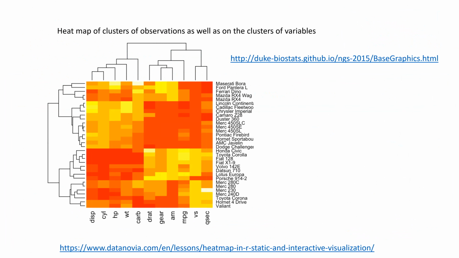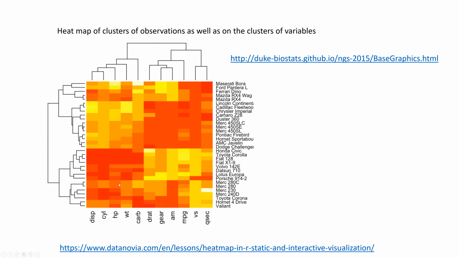One important point I want to bring here is an example of the data that we use for cars. This cars data set is very popular. There are something like 32 cars.